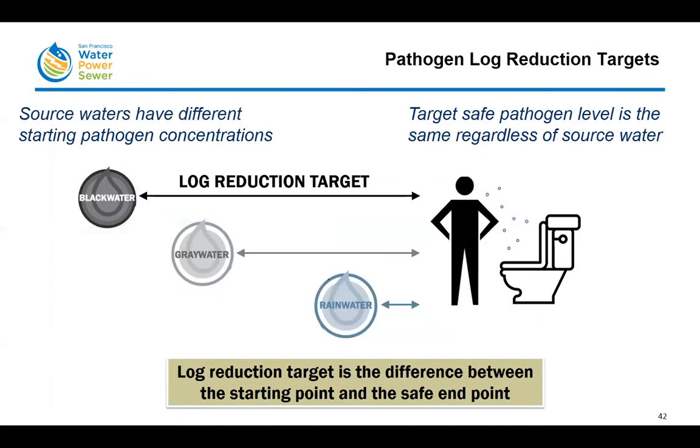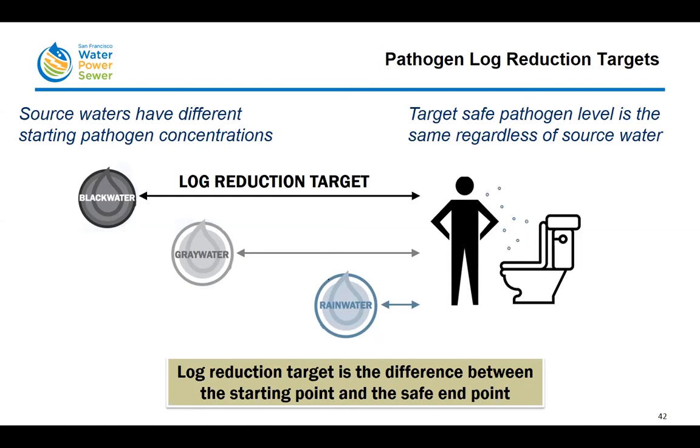So what exactly are pathogen log reduction targets? Pathogen log reduction targets are based on a risk assessment based on the type of water that you're treating, so your source water, and what you're trying to use it for. And so all source waters have a different starting pathogen concentration. Intuitively, you can think about higher pathogen content in blackwater than in rainwater, for example.